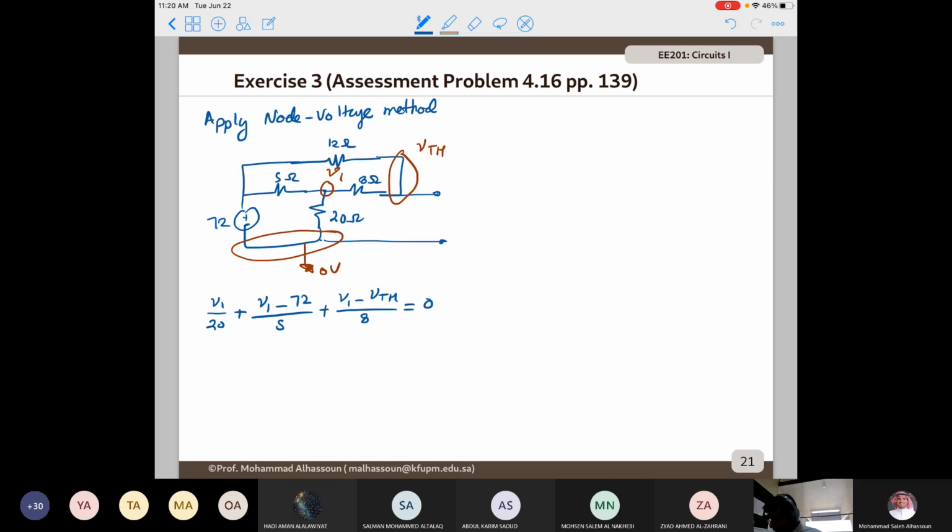And if I group the coefficients, I'm going to get (1 over 5 plus 1 over 8 plus 1 over 20) multiplied by V1 minus 1 over 8 V Thevenin. So this is the first equation.